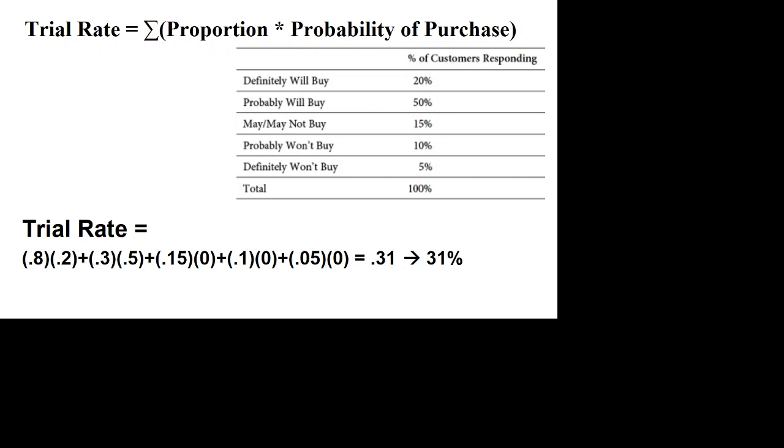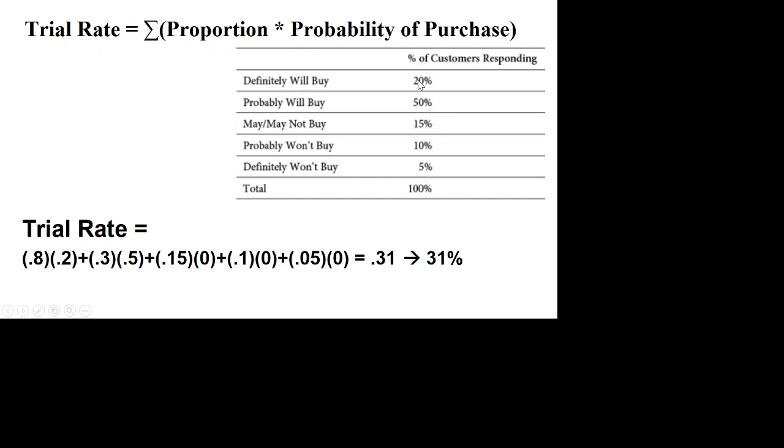So basically, you take each proportion, so 20%, multiply that by 80%. To that, you add 30% likelihood for these guys multiplied by their proportion, 50%, and then for each of these three, you can either just leave them out or plug them in with zeros for probability of purchase. Okay, and so you do those, you add them up, you end up with 0.31, or a trial rate from your customers for this new period, whatever it is, of 31%.